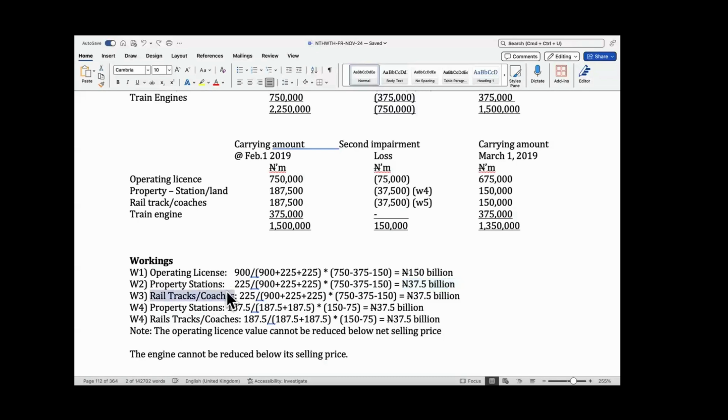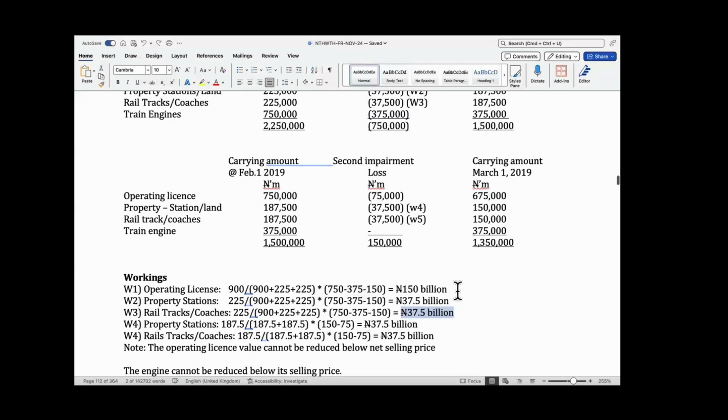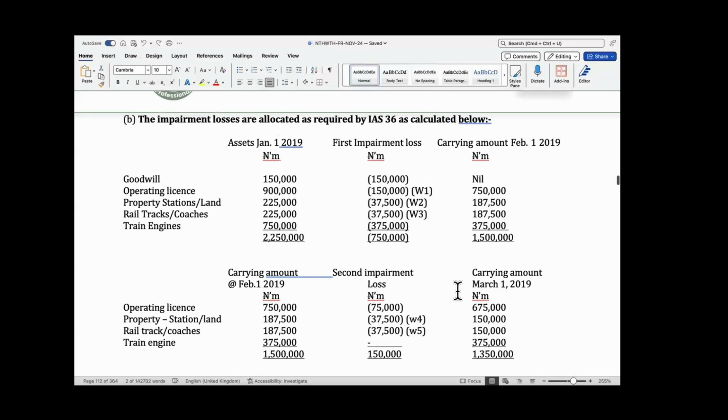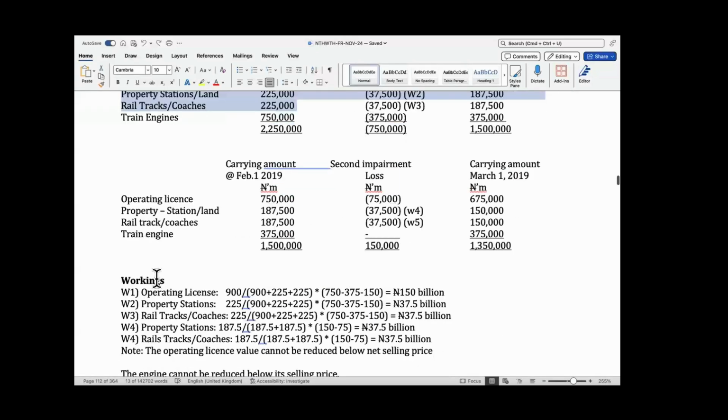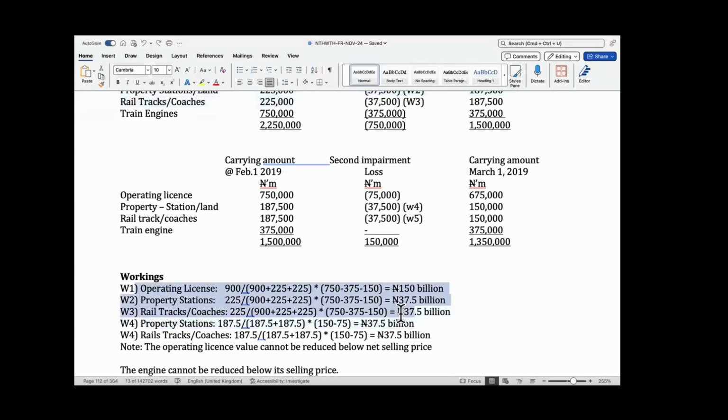Then the same thing for the road tracks, that's also 37.5 billion. So what we have simply done is that out of this 750, we allocated 375 to the damaged engine and 150 to the goodwill, and what was remaining, we had to share among these 3 guys using these workings I showed you here.